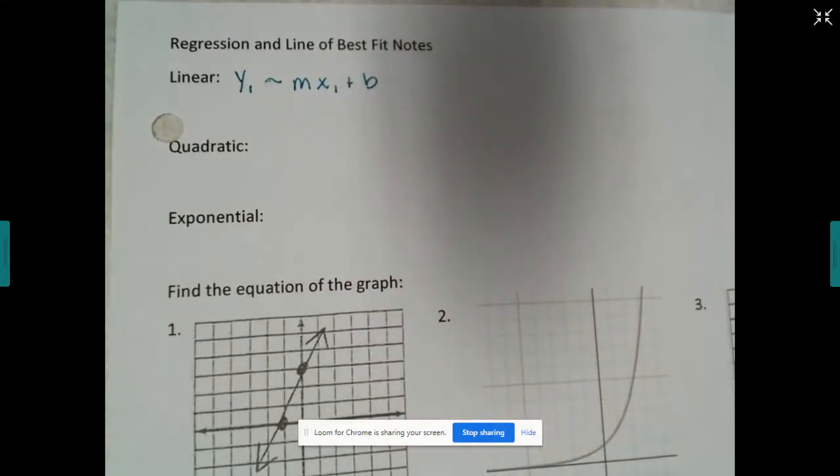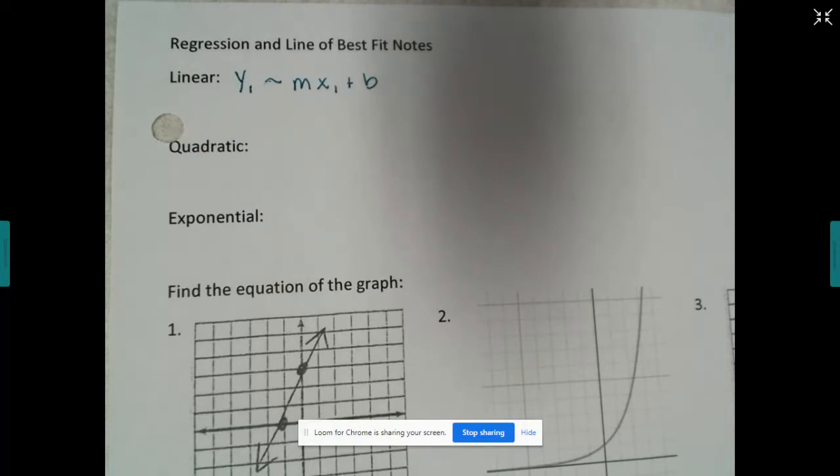And that's just your regular old slope-intercept form for a linear. The y1 and the x1 will be where you'll type your table in, and that's where they come into play.